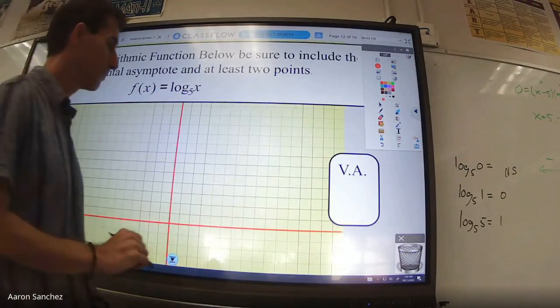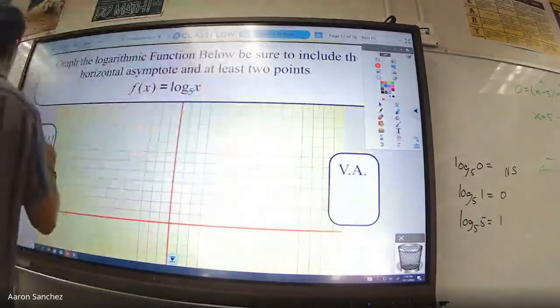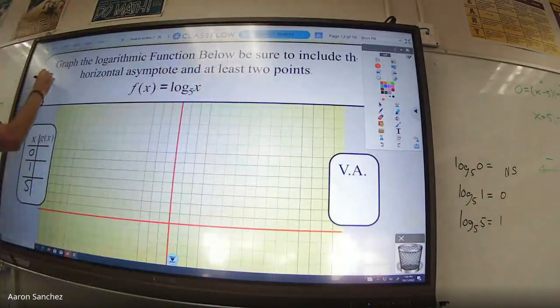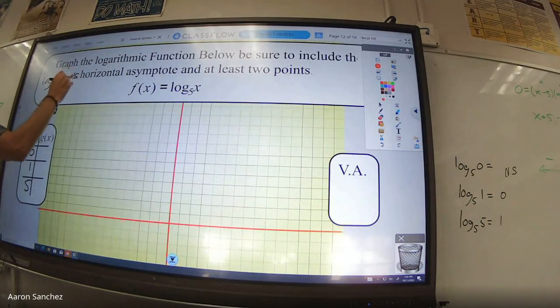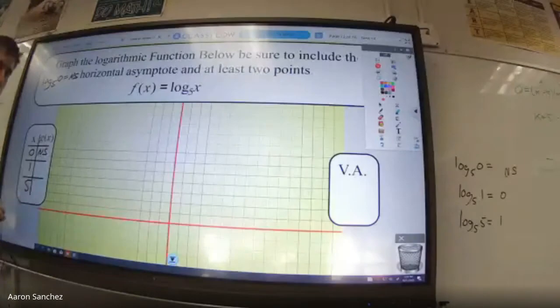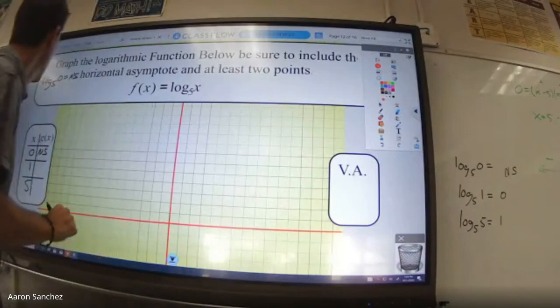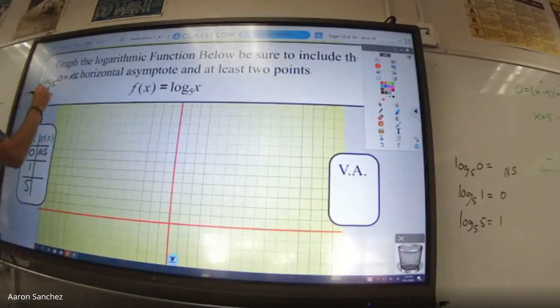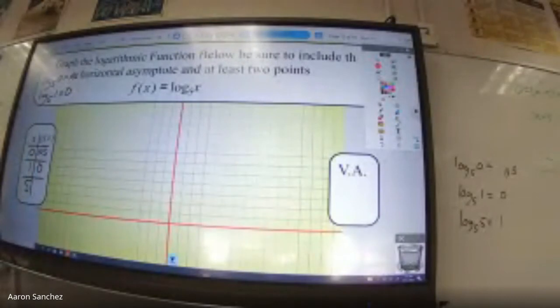Let's do log base 5 of 0. What is that? No solution. Now let's do log base 5 of 1. What is that? Anything with the answer of 1 is 0.